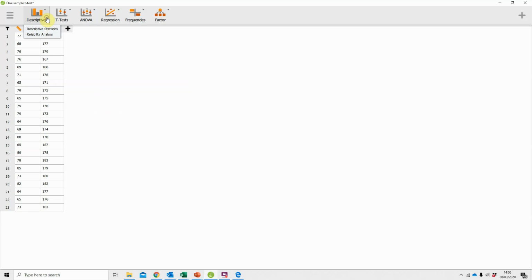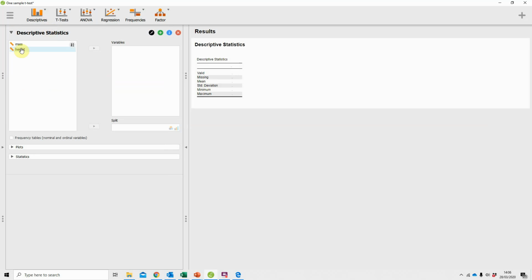I'm going to walk through the previous steps that have been outlined in prior videos. So we'll just start with the descriptive statistics, and we can do these at the same time. So I shall put the variables in, and we can see that we have a minimum of 64 and 167 and a maximum of 88 and 187. And so there's nothing in here you would immediately look at and think that is an exceptional value.